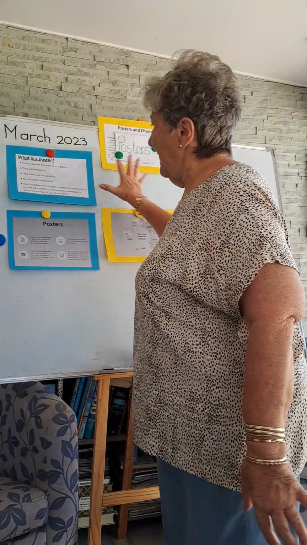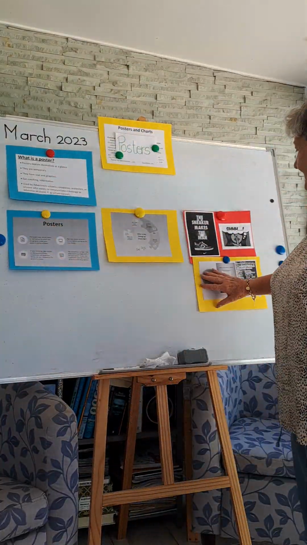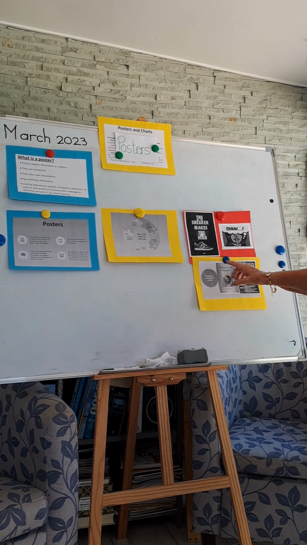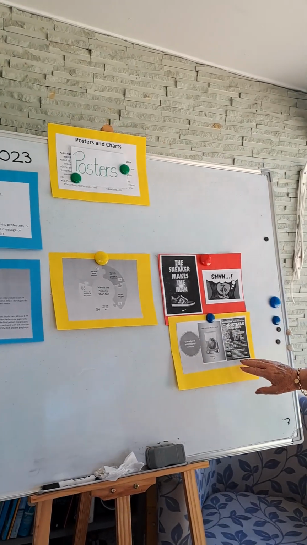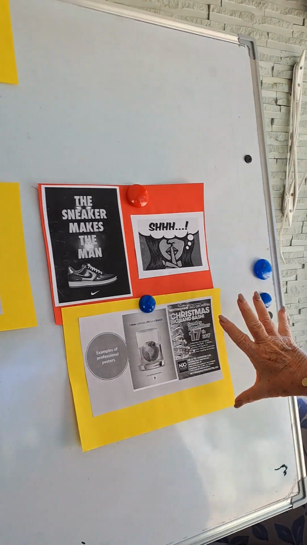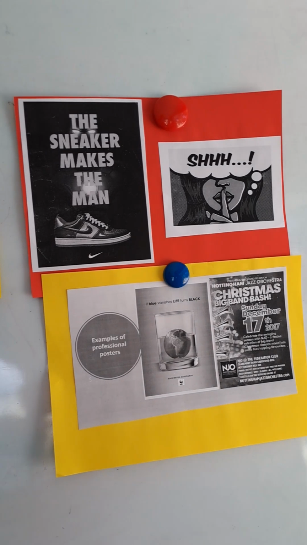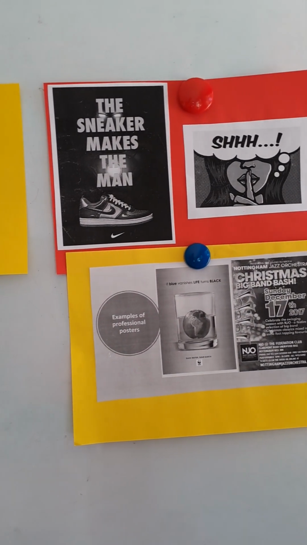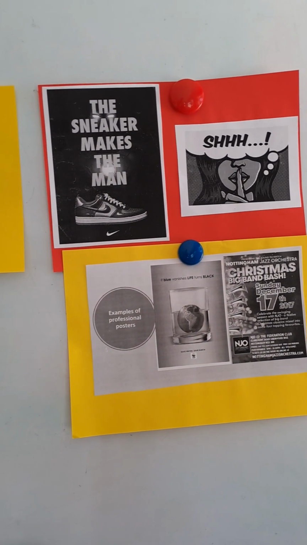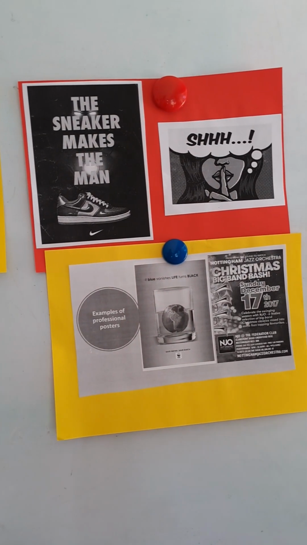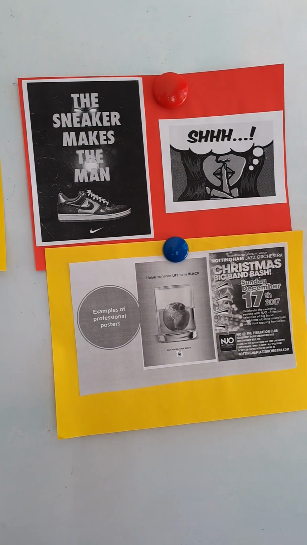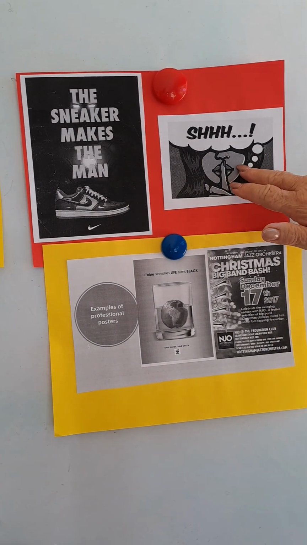Now, even if I'm making a poster, and here you'll find some examples of professionally made posters. Christmas Big Band Bash, all right? And with posters, people are normally trying to make a huge big thing of it. So in other words, instead of having a whole lot of writing on it, they just have one thing like this.